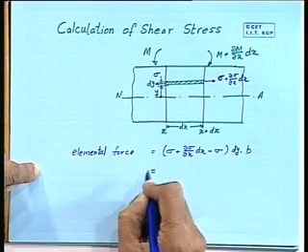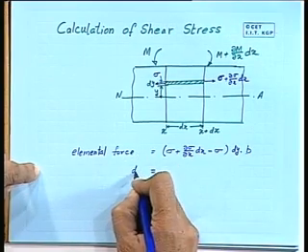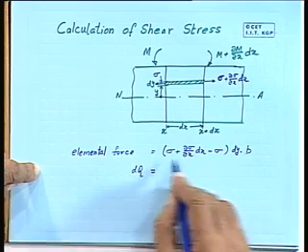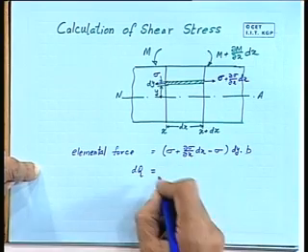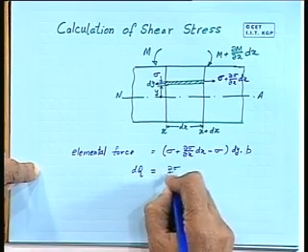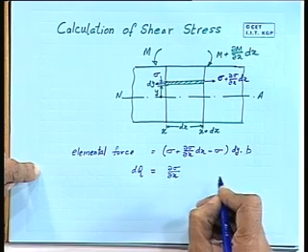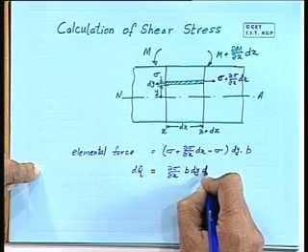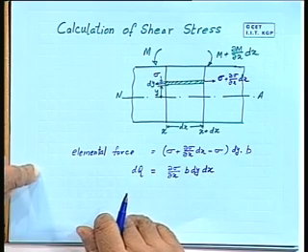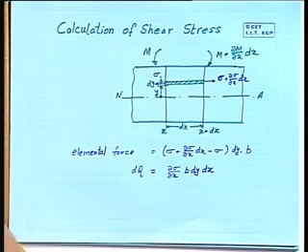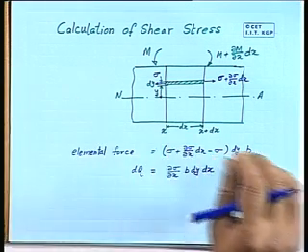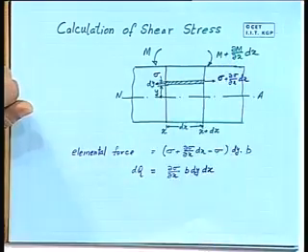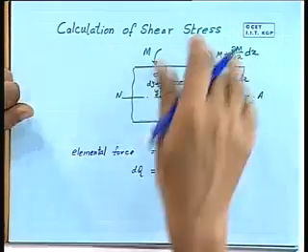Now this force we can write as dQ, and these two sigmas will cancel out, and therefore this is del sigma by del x b dy dx. b is the width of this across, or the transverse width.